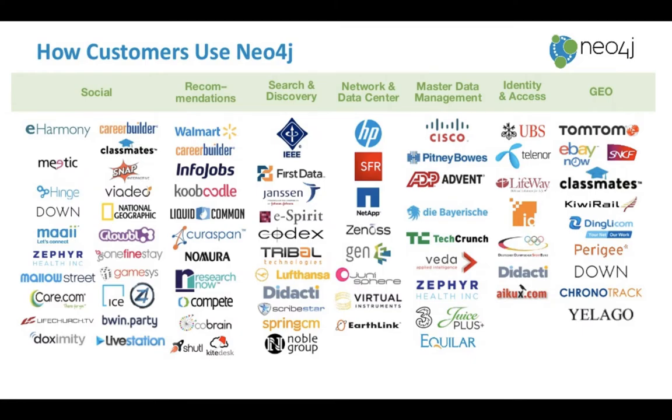So let's see who are the customers of Neo4j and for what purpose they are using Neo4j. You can see on the social side, companies like eHarmony, National Geographic, Classmates, these are the companies who are using it for the social.